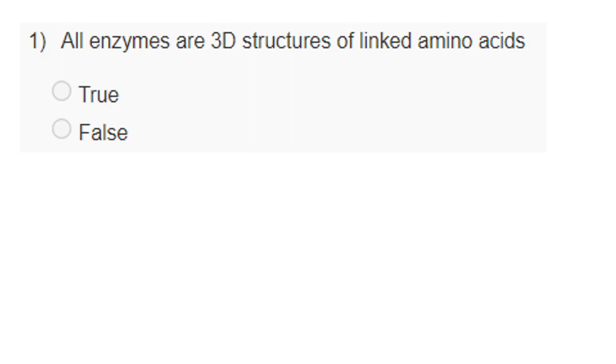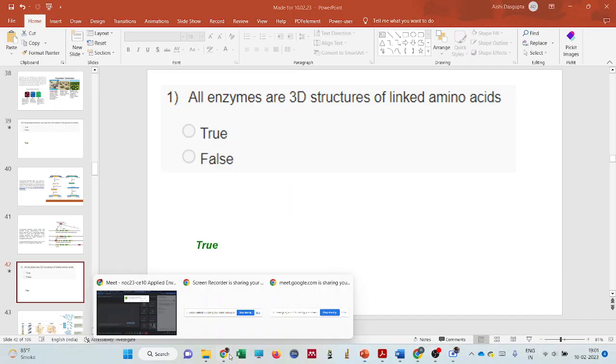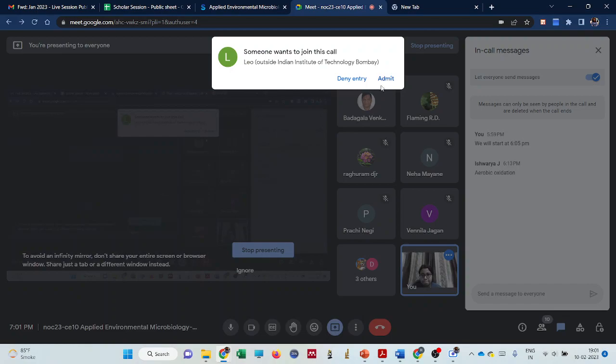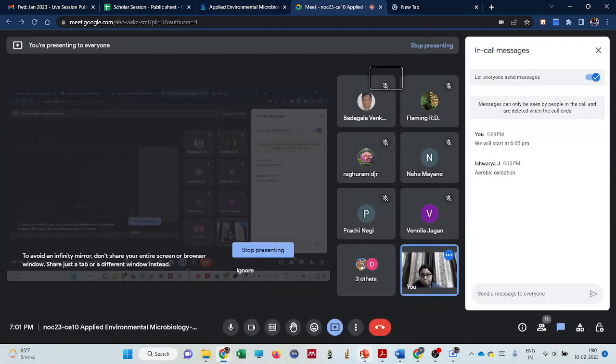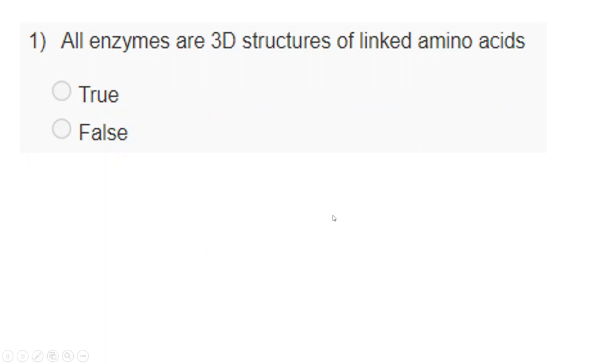Actually, I agree it's true, but this assumes that the enzymes are proteins. Some enzymes can also be RNA, and in that case this is not a correct statement. If you're assuming that your enzyme is a protein, then true, because proteins are 3D structures of linked amino acids.